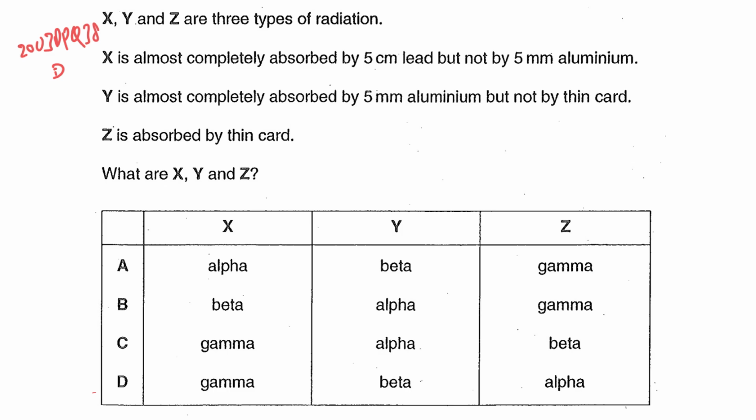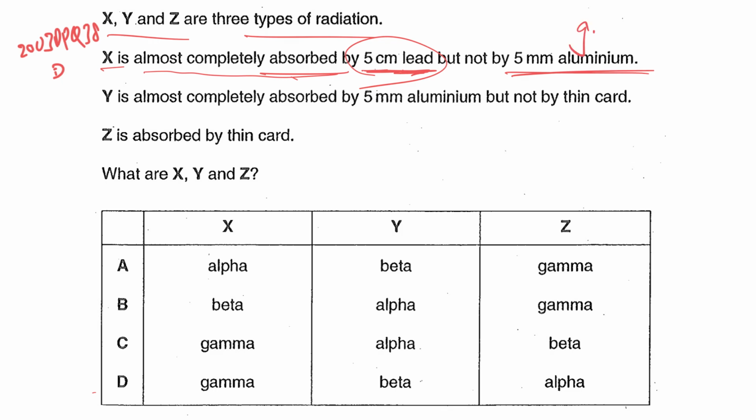Next, X, Y, Z, there are three types of radiation. Now let's look at X here. Almost completely absorbed by 5 cm of lead, but not by 5 mm of aluminium. You can refer back. So if absorbed only by lead, but aluminium cannot block them, that means this has to be your gamma rays. Gamma, that's the symbol.